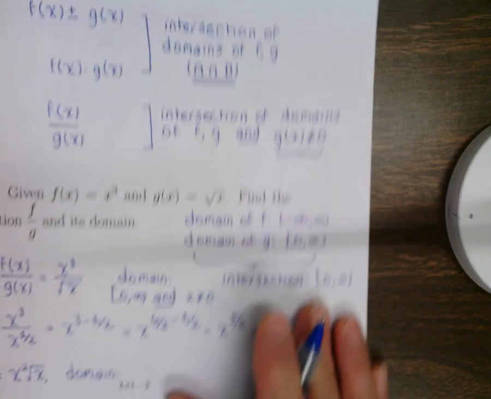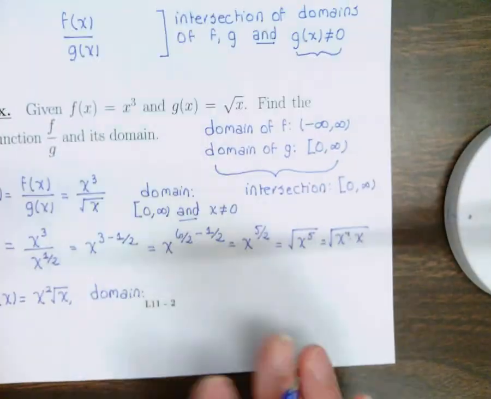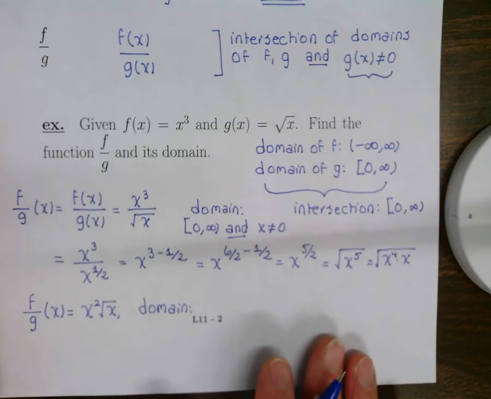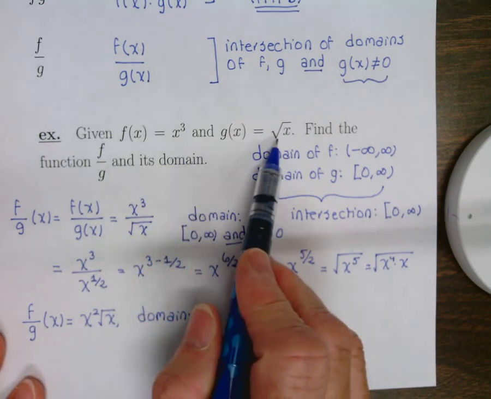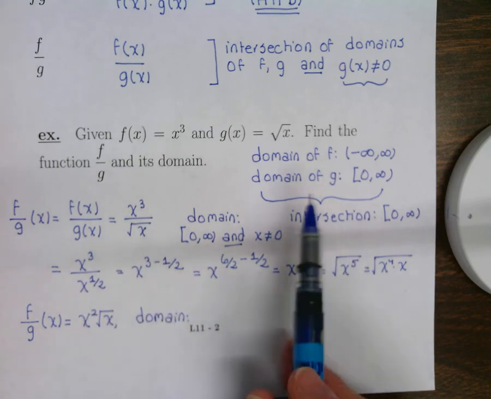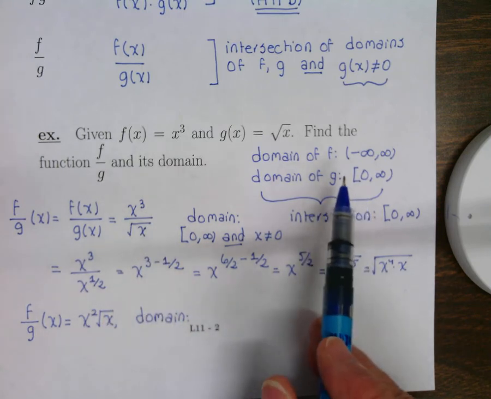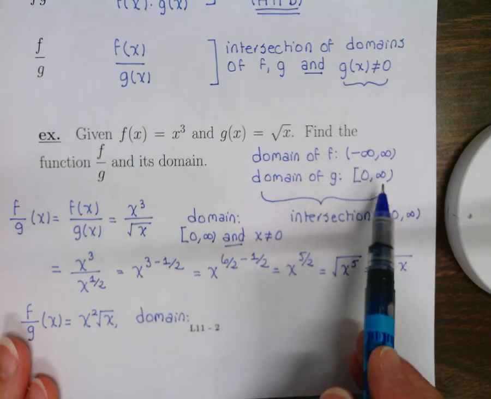Okay, let's do an example. We'll start out with pretty straightforward functions and see how they work. So we have f of x equals x cubed, g of x equals the square root of x, and we want the domain. Now we did this in class, so I'm not going to write it all out, but we saw that f has no restriction on the domain, but g does.